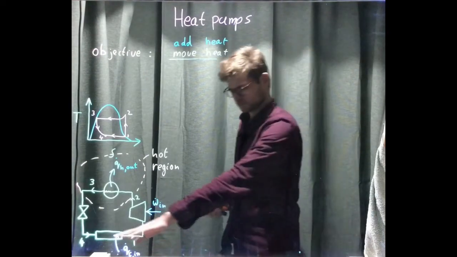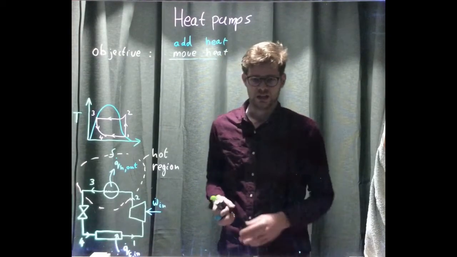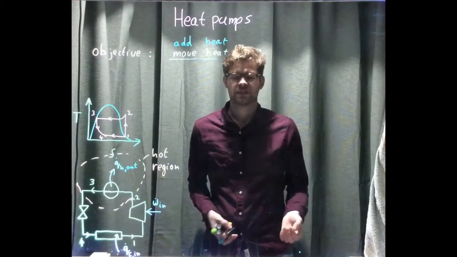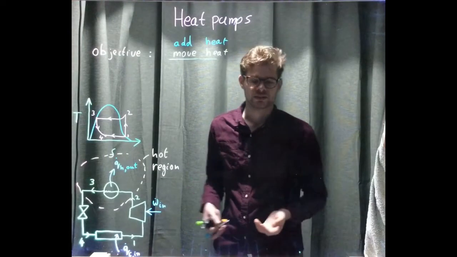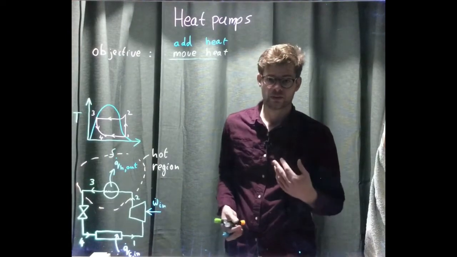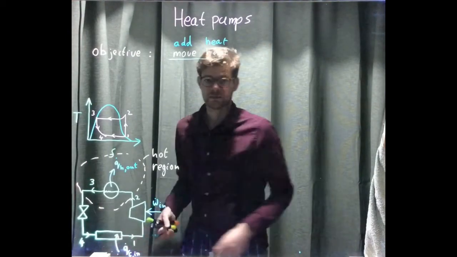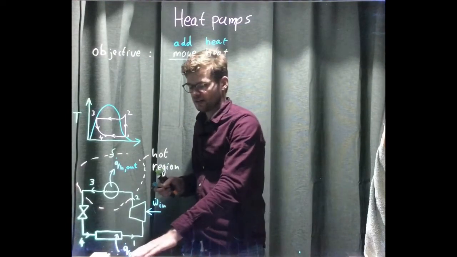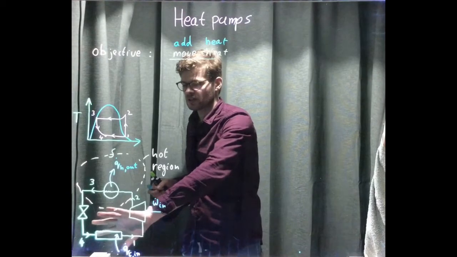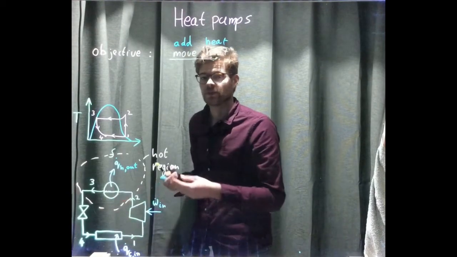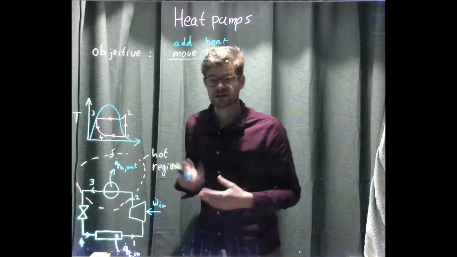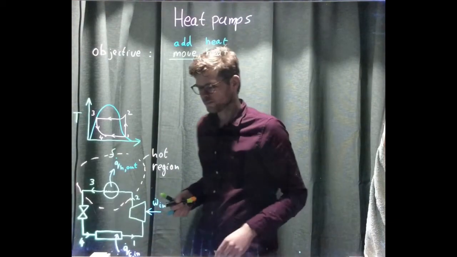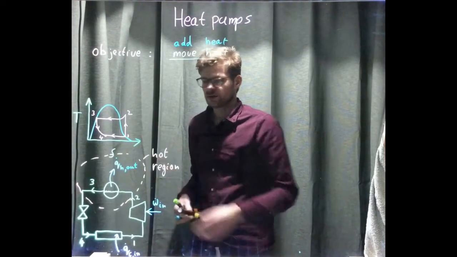This is not, for instance, a refrigerator or an extremely cold area. This may be outside. Maybe the temperature outside is even warmer than inside. It is just another region where the temperature is assumed to be cooler, but it doesn't necessarily need to be cooler over there. And this is the hot region, for instance, your room.